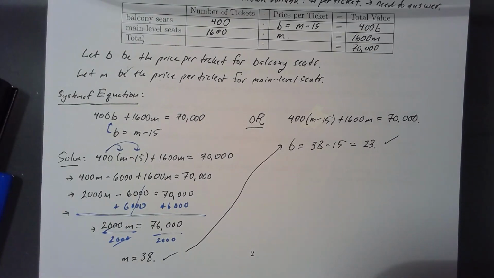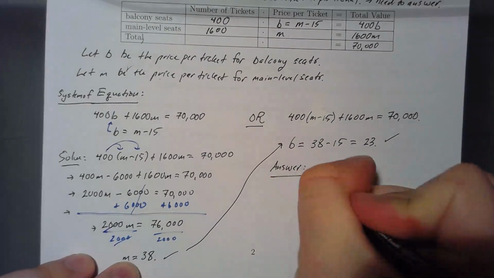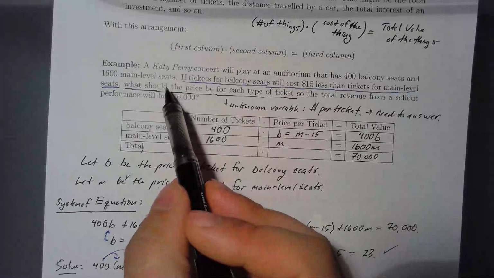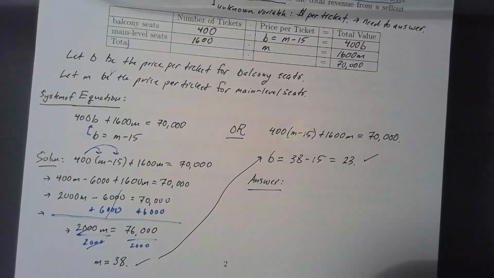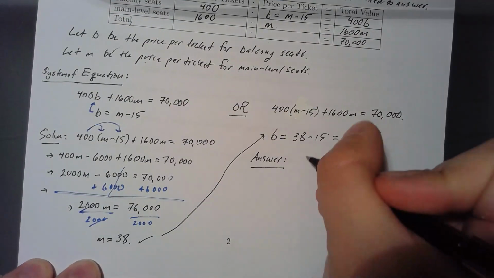All right. So, to answer the question, what should the price be for each type of ticket? Well, main level seats should cost $38.